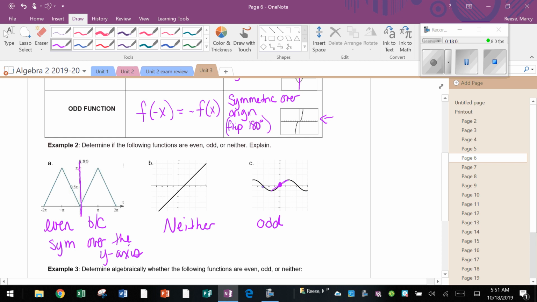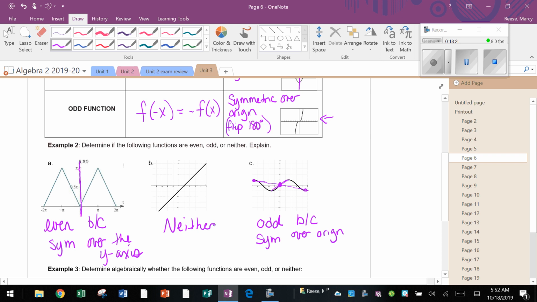You can see that they are crossing the origin from this point to this point. If I were to connect, see it? It is all symmetric about the origin. So it's odd because it is symmetric over origin.